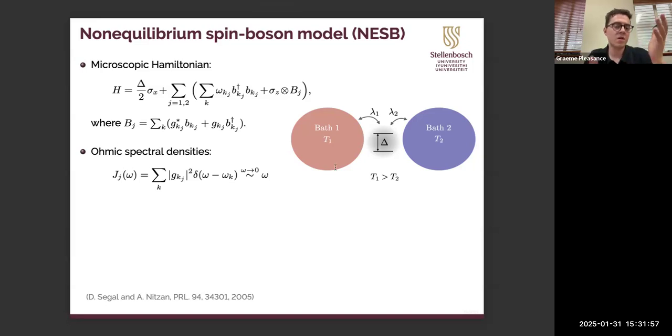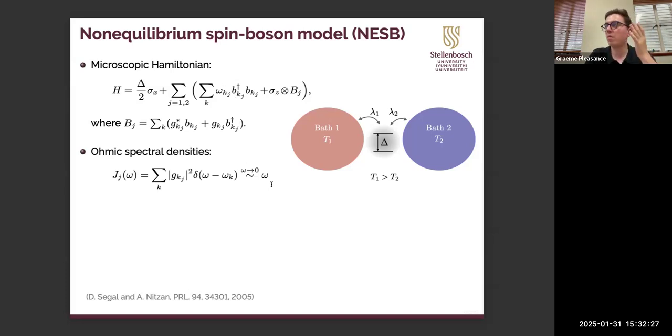Traditionally, we also assume that these reservoirs are structureless, in the sense that the interaction between the system and each reservoir is characterized by what's called an ohmic spectral density. This spectral density is essentially a function that describes how our system interacts with each of these reservoirs at a particular mode frequency in the reservoirs.